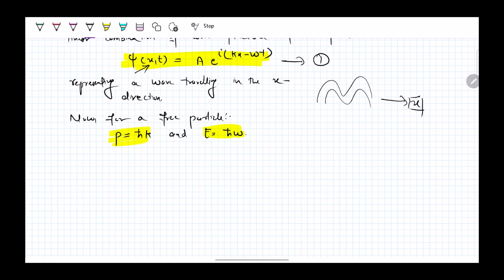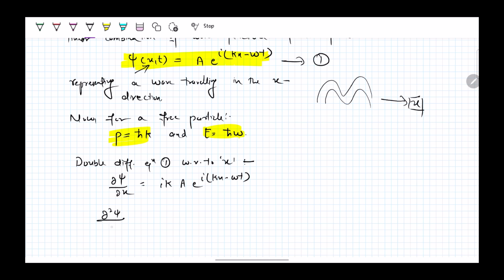What we need to do is double differentiate equation 1 with respect to x. By taking the first derivative, we get ik A e to the power i(kx minus omega t), and then we differentiate again, giving ik times ik A exponential i(kx minus omega t).